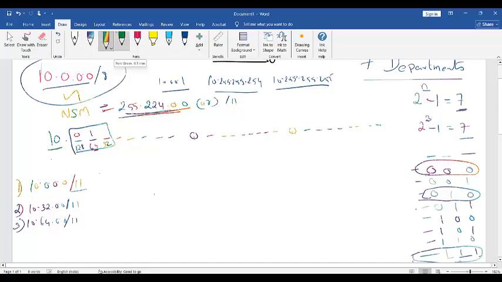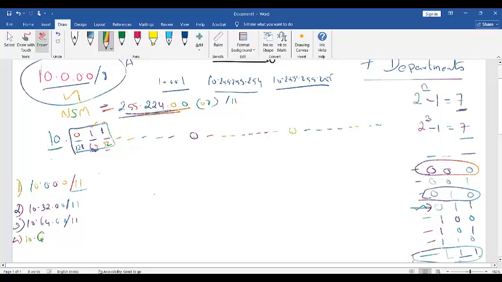011. What does that mean? 0, 1, 1. Add this, 64 plus 32 is what? 96.